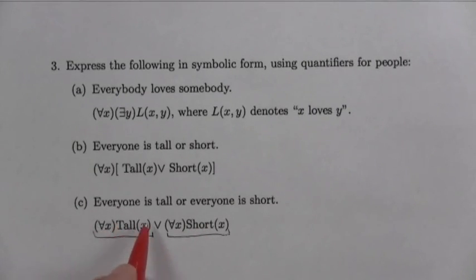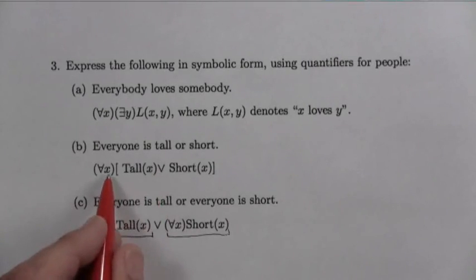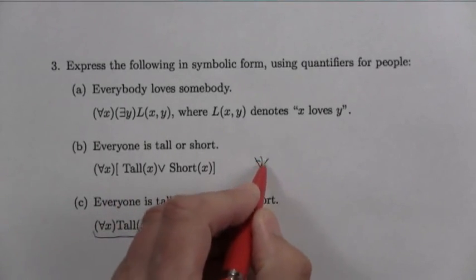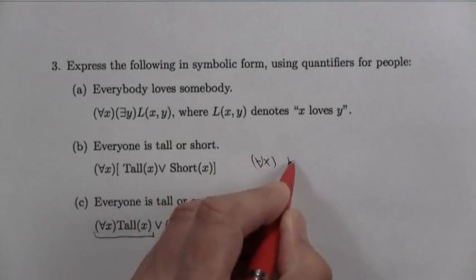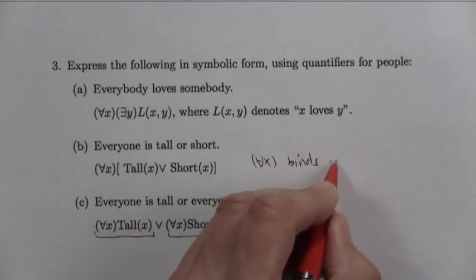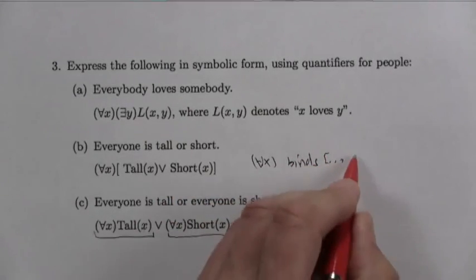They bind whatever comes next. Which means we have to use parentheses if we want a quantifier that binds everything, like we did here. I'm talking about things like for all X, which binds the thing that comes next, the thing that's in the parentheses.